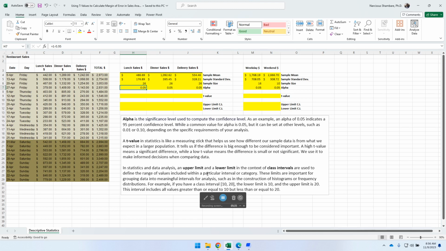Otherwise, in data analysis, upper limit and lower limit within the context of class intervals are normally used to define the range of values that are included within a particular interval or category, right? So it's the range of those values. These limits, of course, are important for grouping data into meaningful intervals for analysis purposes.